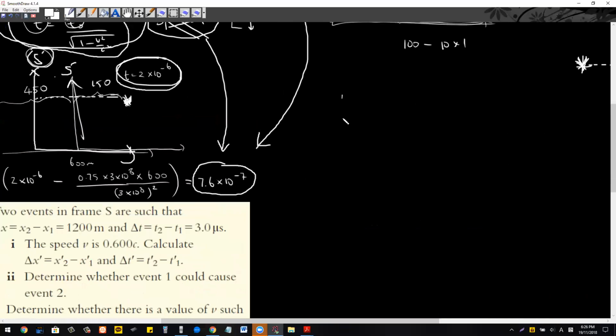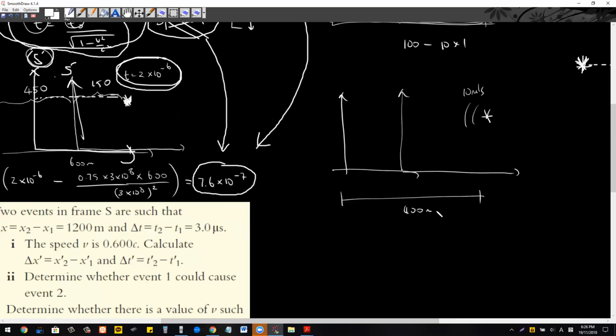If there is a frame here, and this guy here, and an event here that occurred at a certain time, say the speed of light is 10 meters per second and this distance is 400 meters, then it would take 40 seconds to get there.